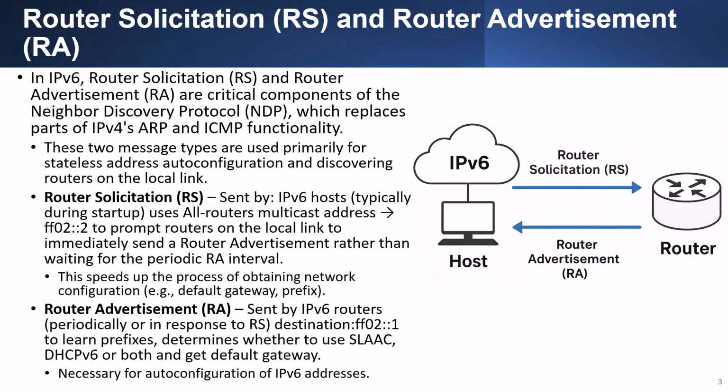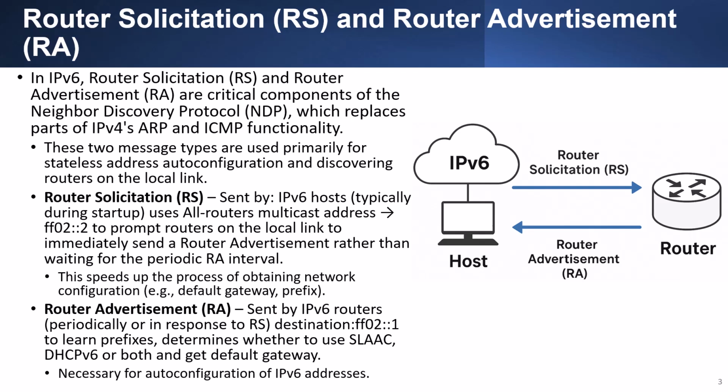Router solicitation, or RS, is sent by IP version 6 hosts, typically during startup, and uses the all-routers multicast address to prompt routers on the local link to immediately send a router advertisement rather than waiting for the periodic RA interval. This speeds up the process of obtaining network configuration such as default gateway and the network prefix.